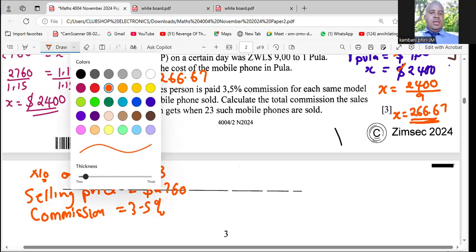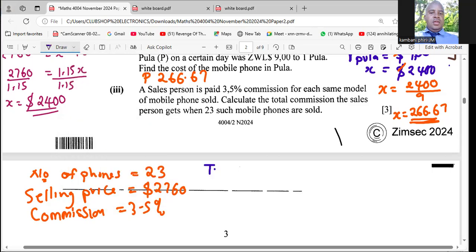So now, what is the total commission? Total commission is equal to, what is 3.5%? That's 3.5 divided by 100 if you want. So you get 0.035 times the number of mobile phones by the cost, 2,760.